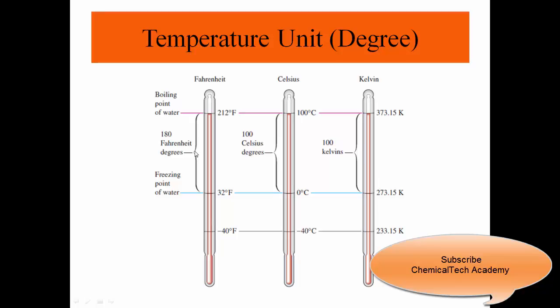So the magnitude of each temperature unit in the Fahrenheit scale is smaller than Celsius and Kelvin. Celsius and Kelvin degree sizes are equal, but Fahrenheit is smaller, because the difference is 180 degrees, while for Celsius and Kelvin we have only 100 degrees.